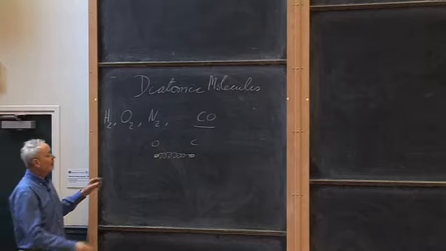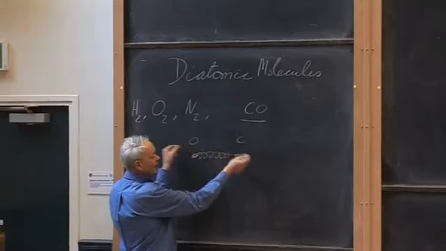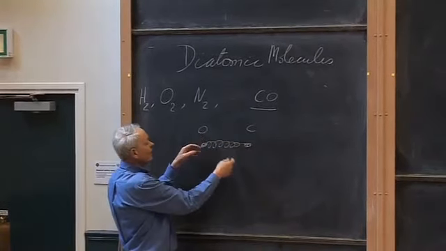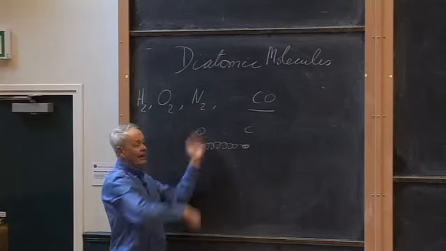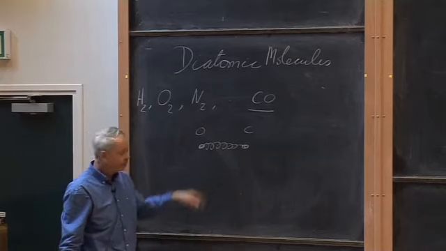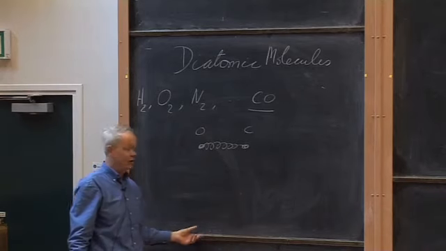And this is capable of being a simple harmonic oscillator, but also at lower energies, it's capable just of rotating end over end as a dumbbell and having rotational kinetic energy.